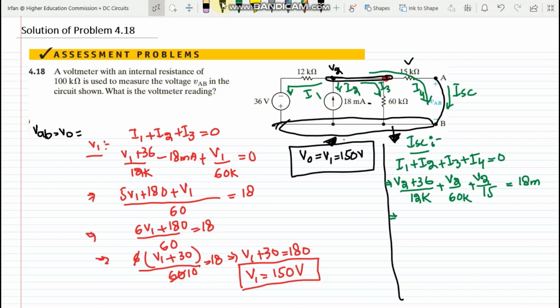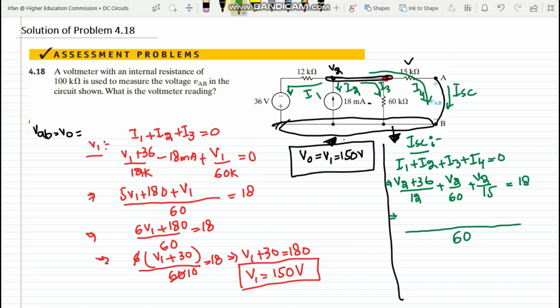Again multiplying both sides by k, so this milli will be cancelled out with this k, and these all kilos will also be cancelled out. So when I take the LCM here, the LCM I will get is 60.